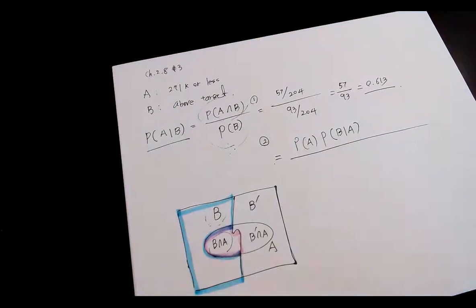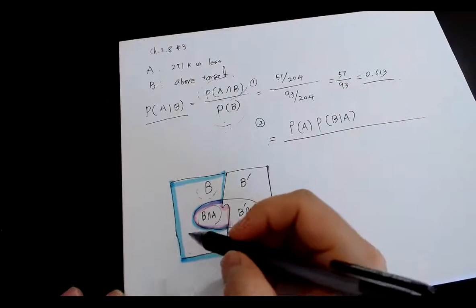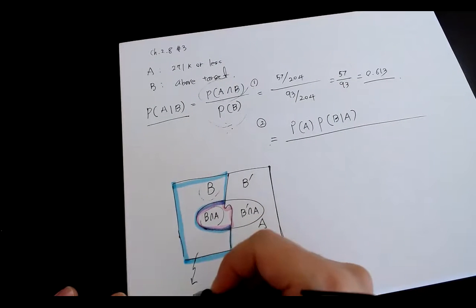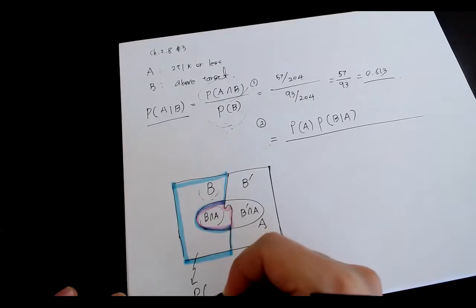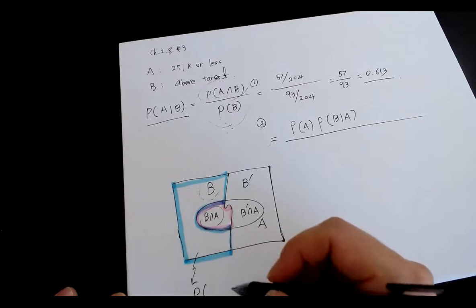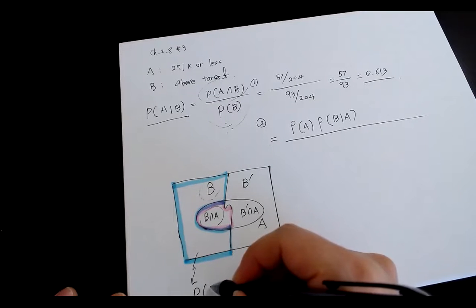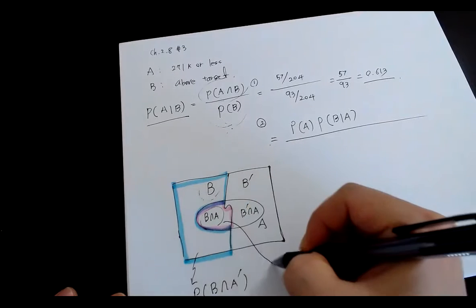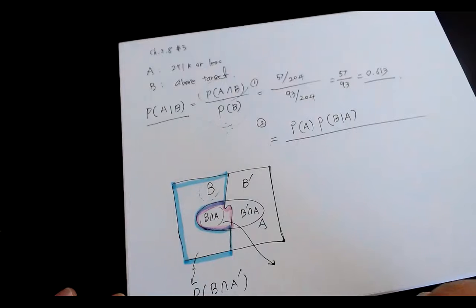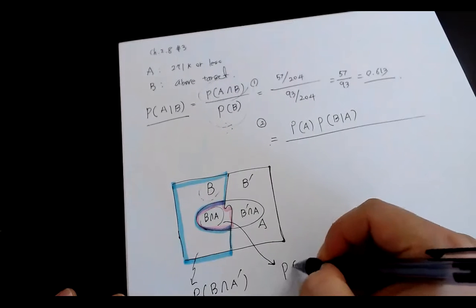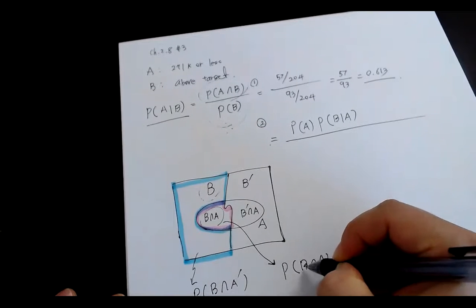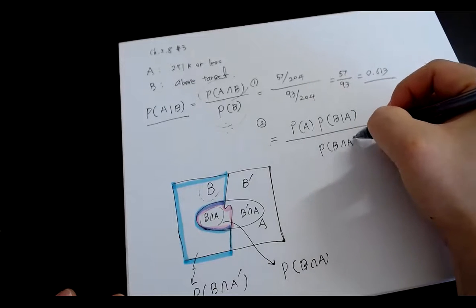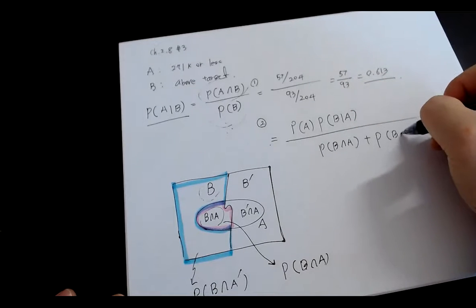The blue region is going to be the probability of B intersection A prime, and the region colored red is P of B intersection A. So the bottom one is going to be P of B intersection A plus the probability of B intersection A prime.